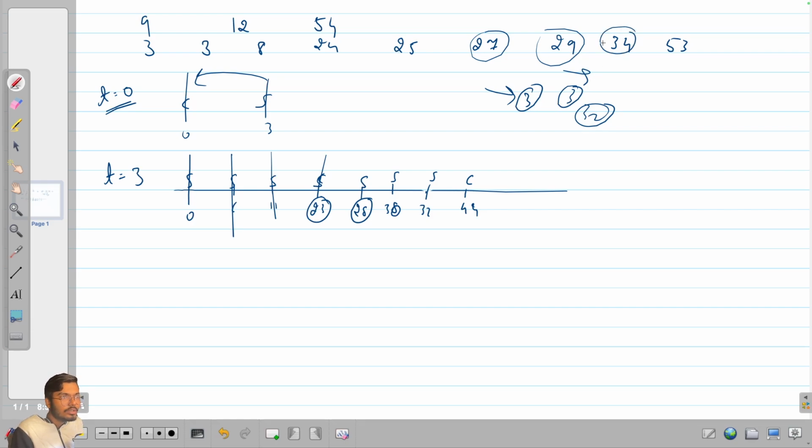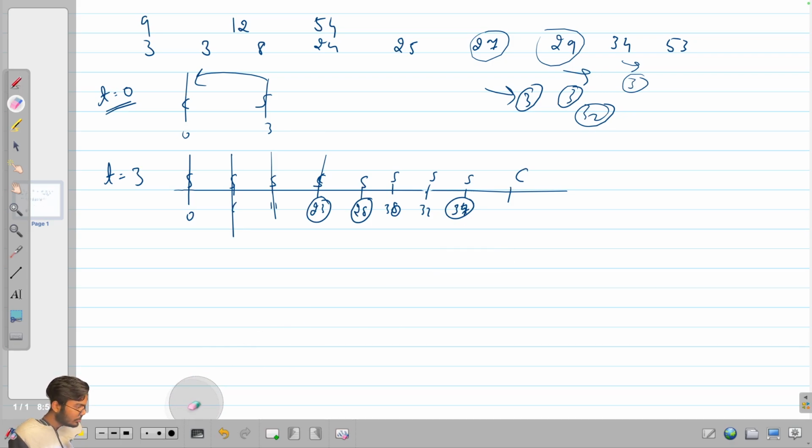Now we also have a scarecrow at position 34. This is a problem now. Okay, so let's say I have a scarecrow at position 34, and in 3 seconds it can go to 37, right? So let's say this position is 37, and this will make the crow at time t equals to 3 move to 37 plus 12. So 49, right?